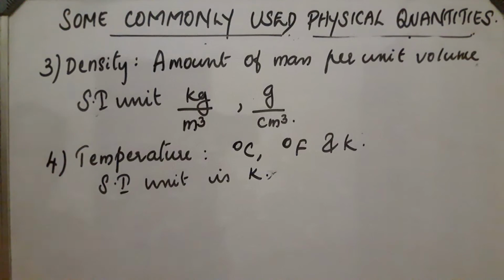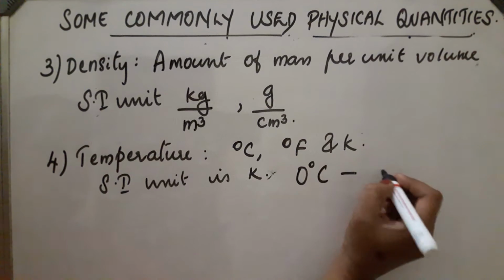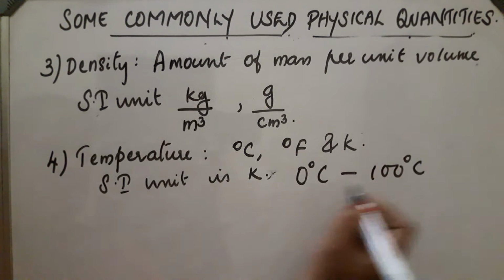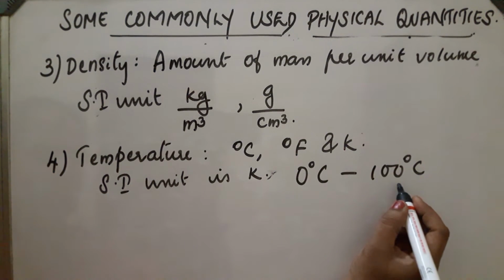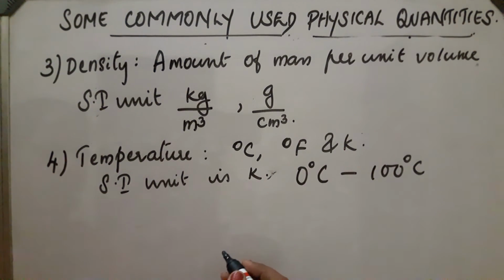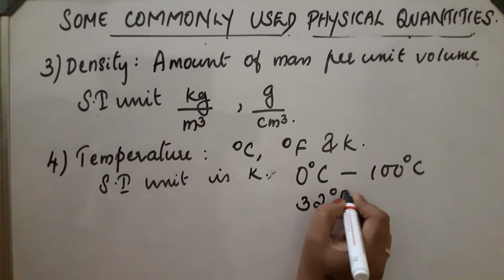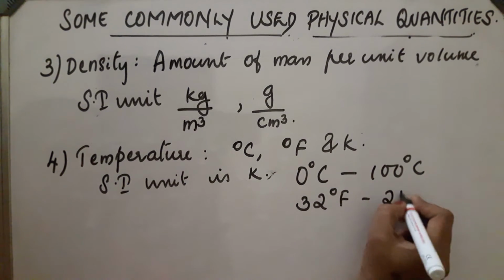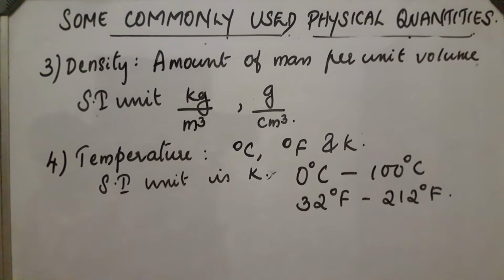In the case of degree Celsius, it is normally calibrated between 0 degrees Celsius to 100 degrees Celsius. 0 degrees Celsius is the freezing point of water and 100 degrees Celsius is the boiling point of water. In the case of degree Fahrenheit, it will be 32 degrees Fahrenheit and 212 degrees Fahrenheit.